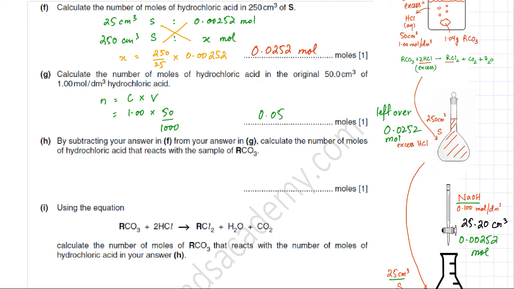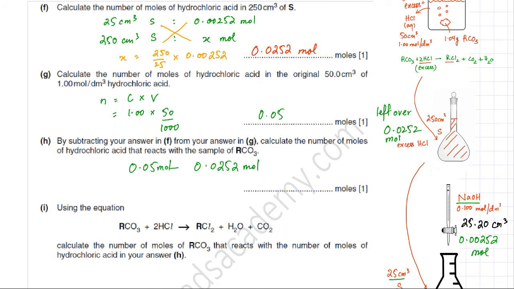So originally we added 0.05 moles, and at the end of the day we had 0.0252 moles of HCl still present, unreacted. So we're going to take the difference in the moles of the two values.